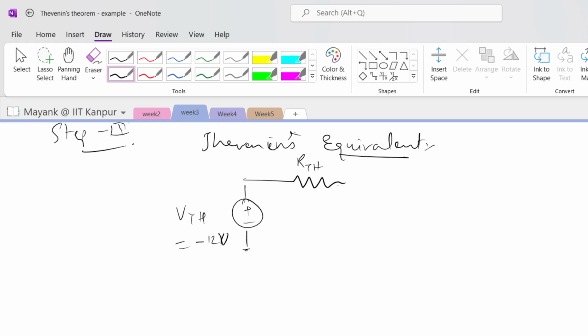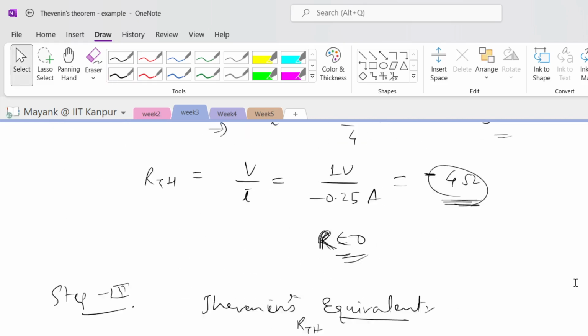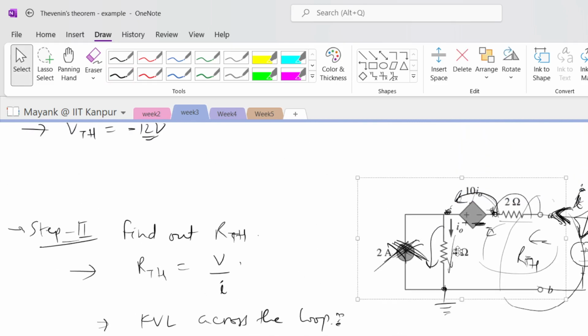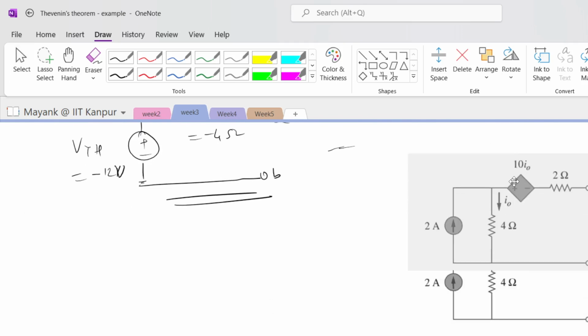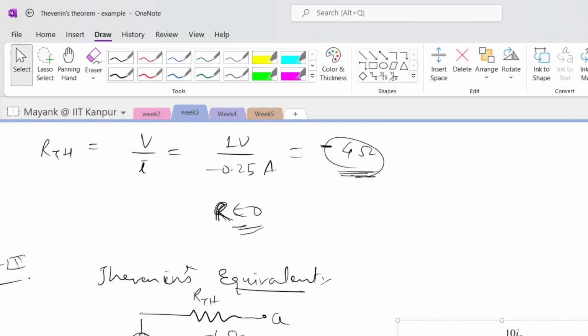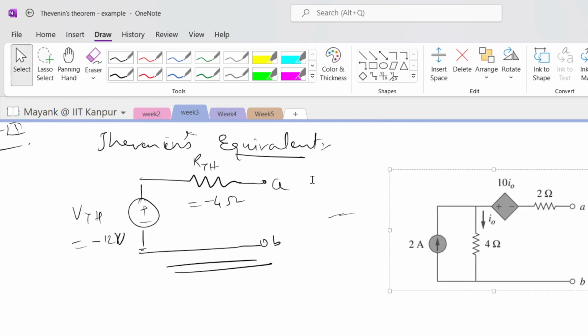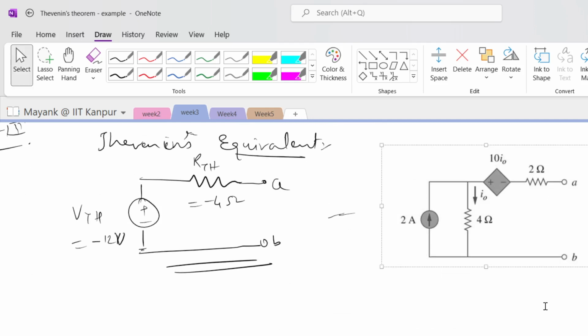And what was R Thevenin? R Thevenin equal to minus 4 ohms. So this is terminal A, this is terminal B. So this is the Thevenin's equivalent of this particular network, right? For this network, the Thevenin's equivalent between terminals A and B is given here.